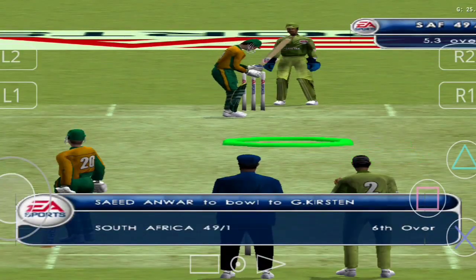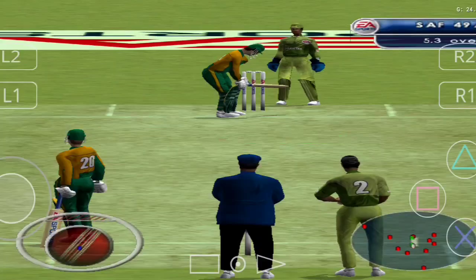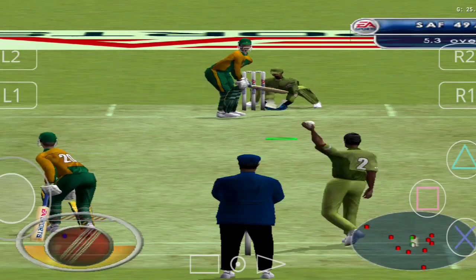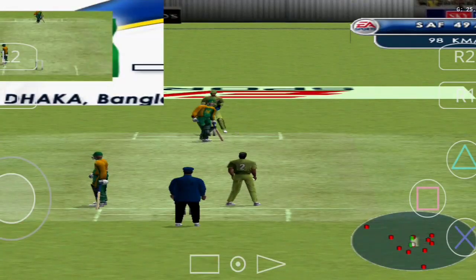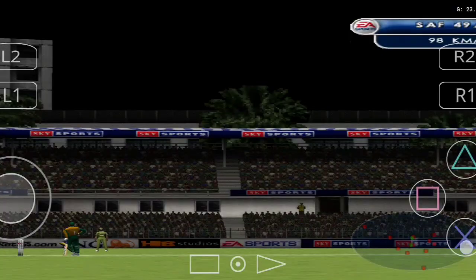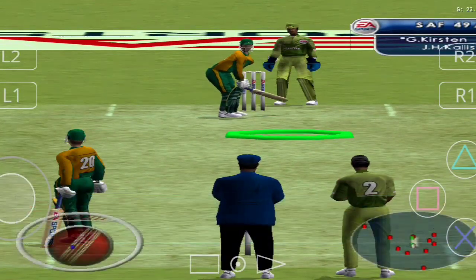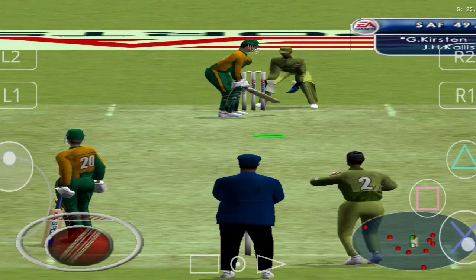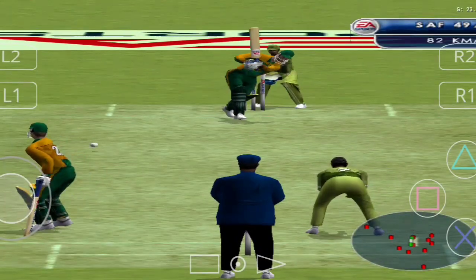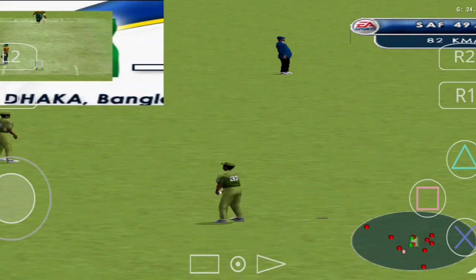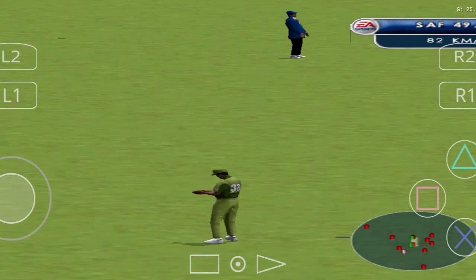Kirsten is now facing. Hit straight at Waqar Yunus.